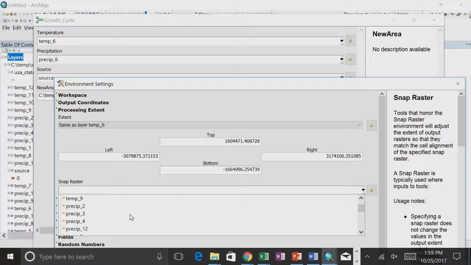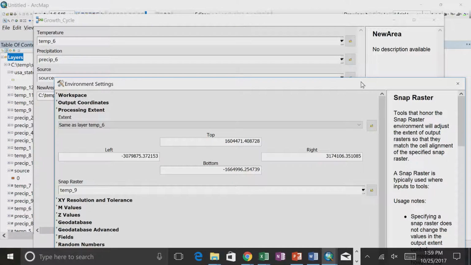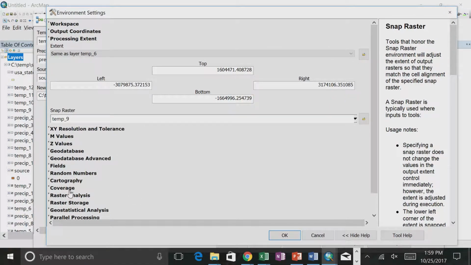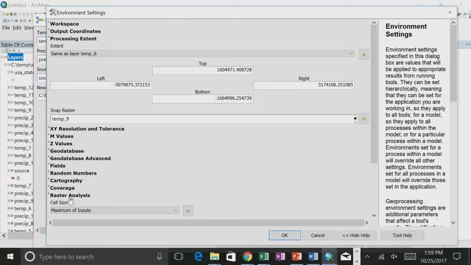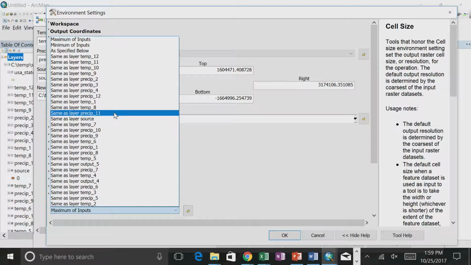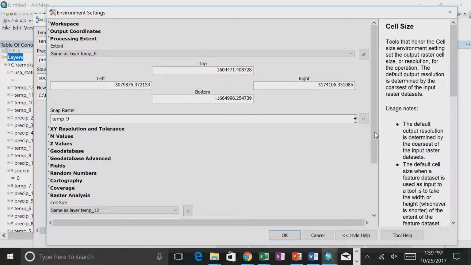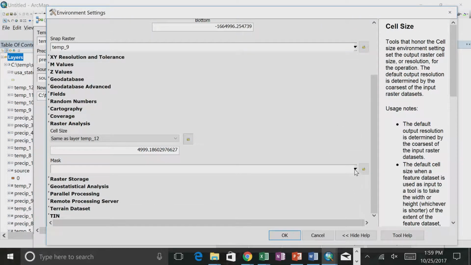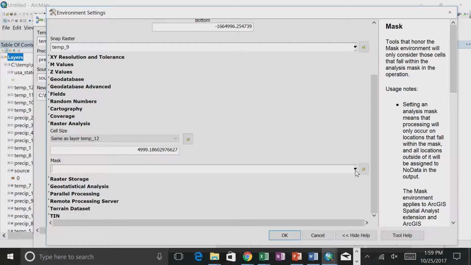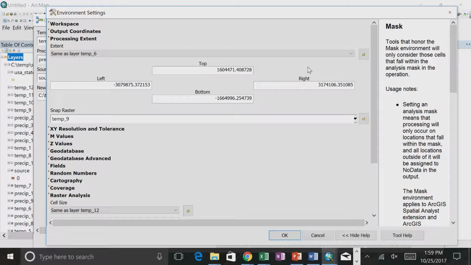But I'm just going to choose temp 6. So you could literally change it to everything. I'm also going to change the cell size, which is 5,000 meters, by the way. Those three are all the ones that you need to change. So extent, snap raster, and cell size.